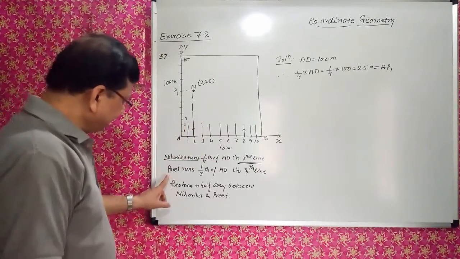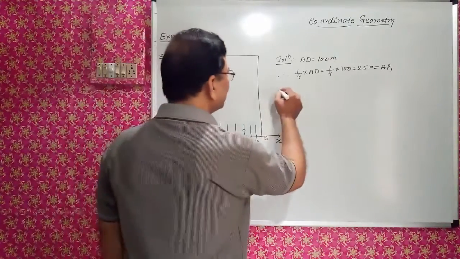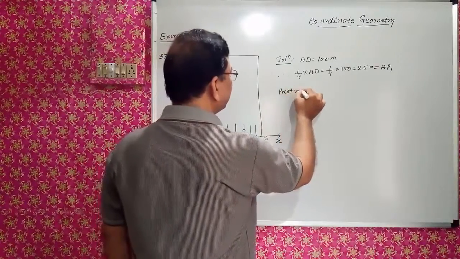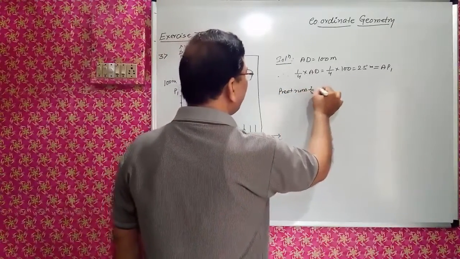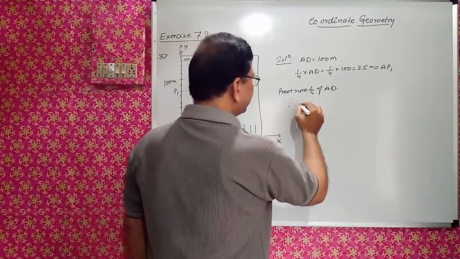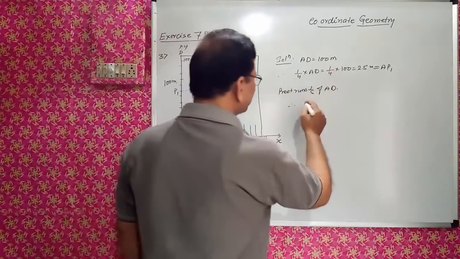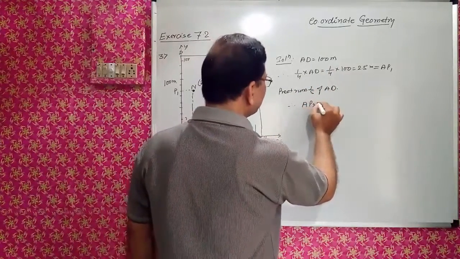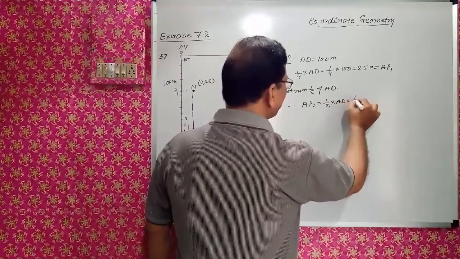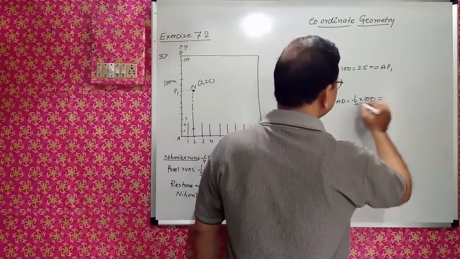Similarly, Preet runs 1/5 of AD. So I will say Preet runs 1/5 of AD. Therefore, suppose she reaches at the point P2. So AP2 is equal to 1/5 of AD, that is 1/5 of 100. How much is it?